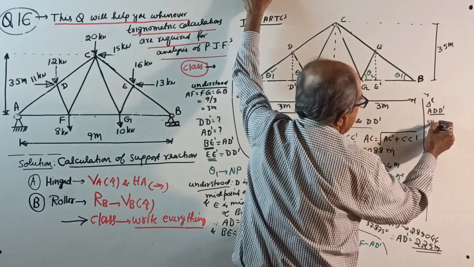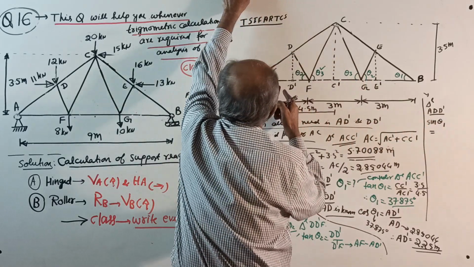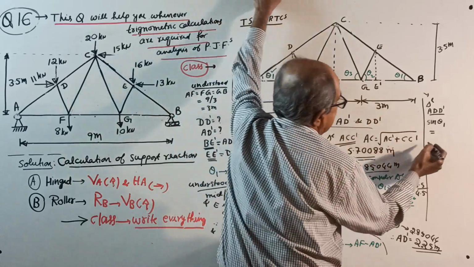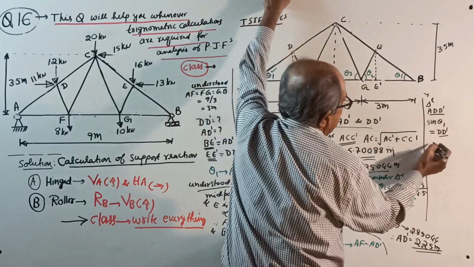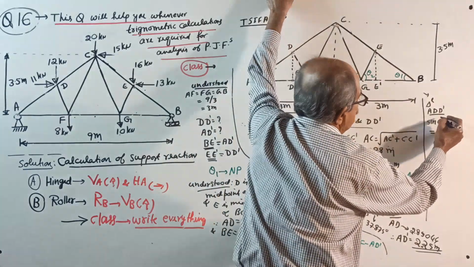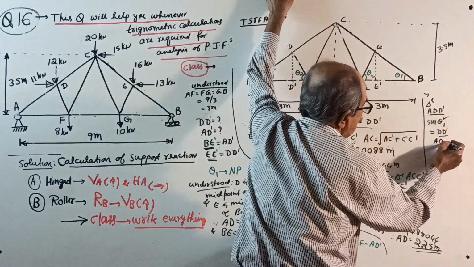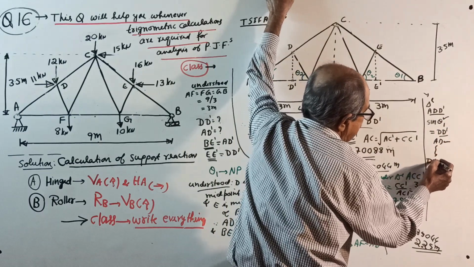Sin theta 1 equal to DD dash divided by AD. Space is not there. You know theta 1, you know AD, substitute here, you get the value of DD dash.